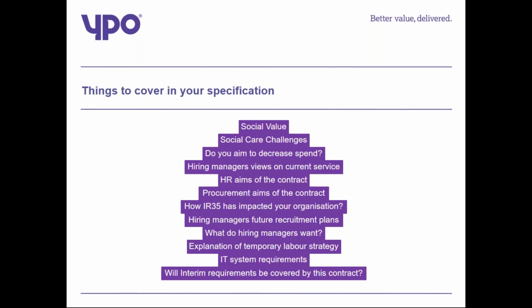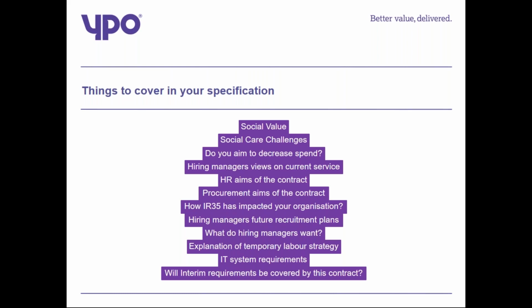So one of the areas is, what does social value actually mean to your organisation? And how will it impact the delivery of this contract? Do you want the successful provider to look at apprenticeship and graduate schemes instead of constantly placing temporary workers? How could the provider help you to support the unemployed in your area?